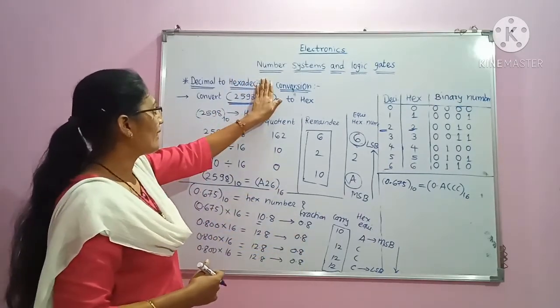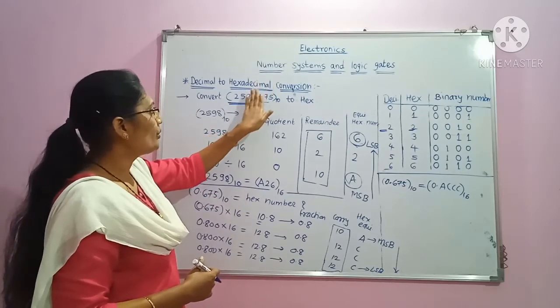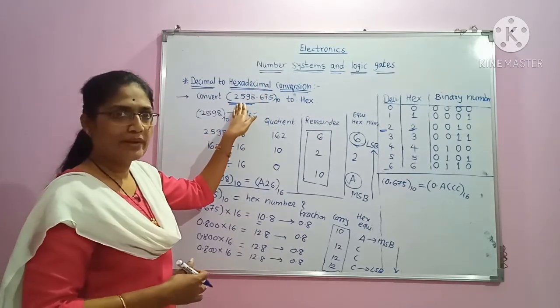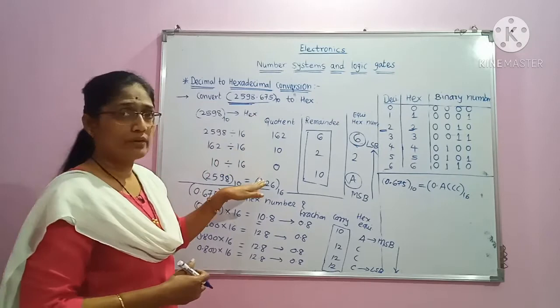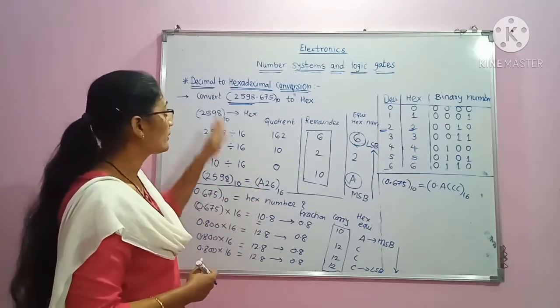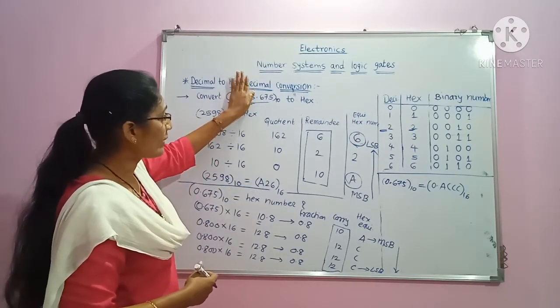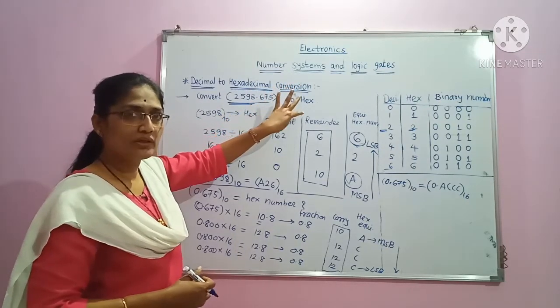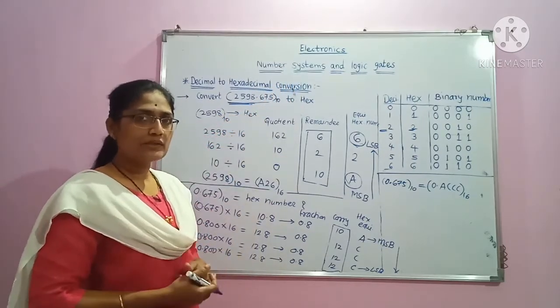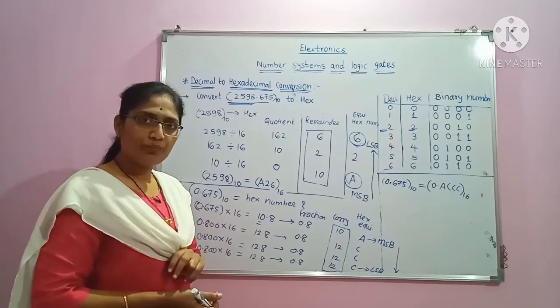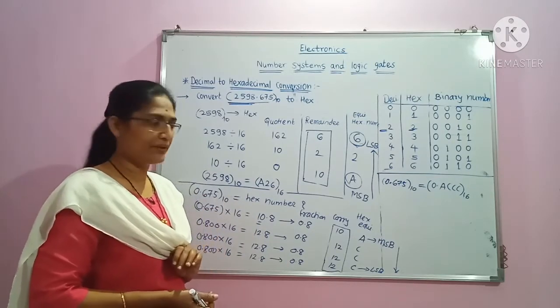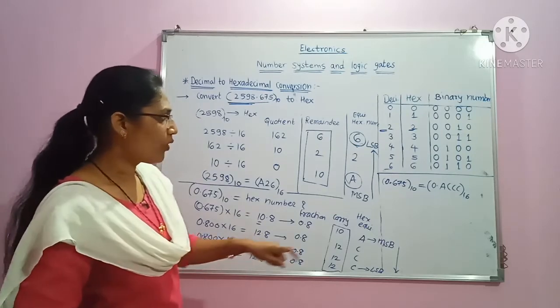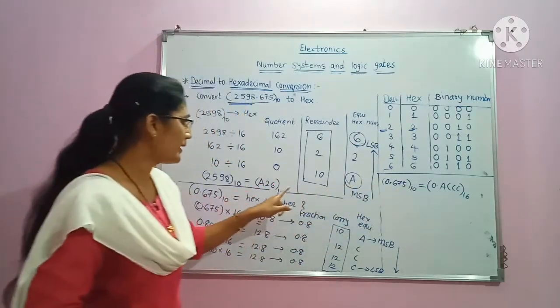While obtaining the value of the integer part, you have to continuously divide by 16 till the quotient remains 0, and while converting a fraction part to hex number, you have to continuously multiply by 16, until you obtain a 4-bit number or an 8-bit number. So we have obtained this number and this number.